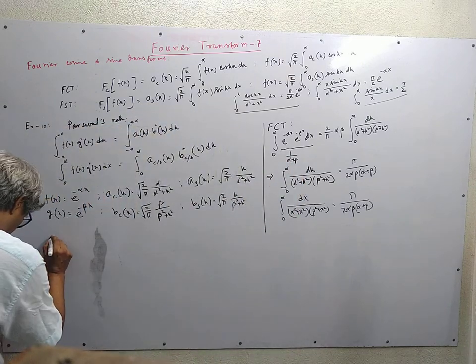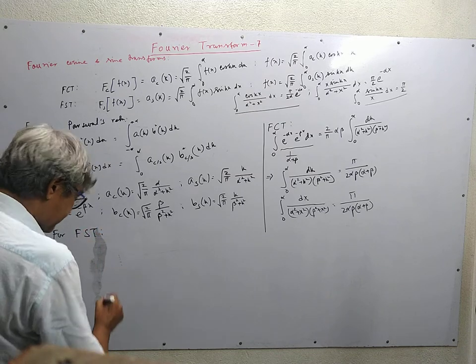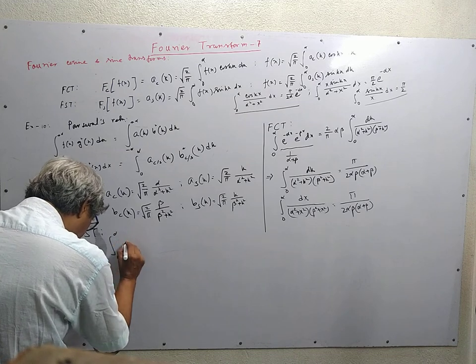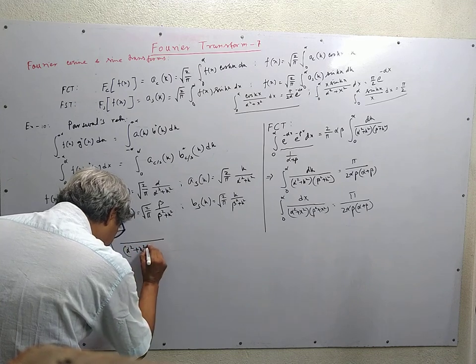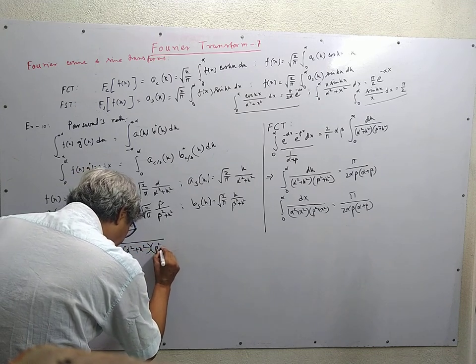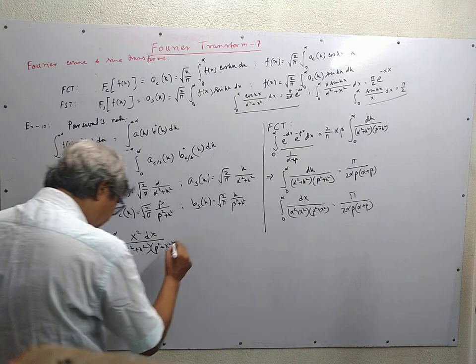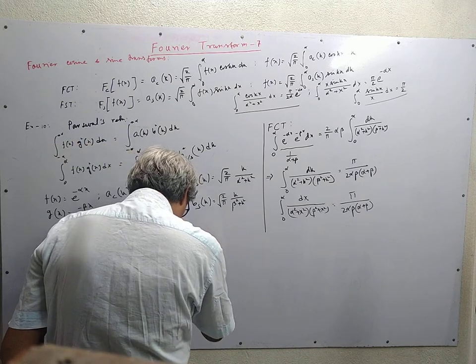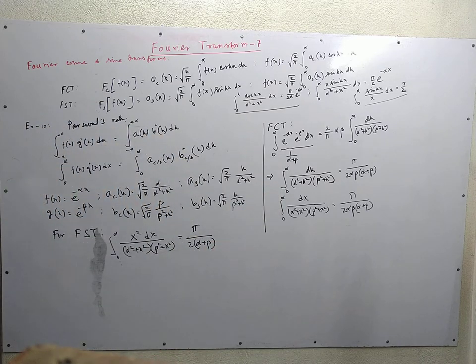So for the Fourier sine transform, the result is the integral from 0 to infinity of x square over alpha square plus x square times beta square plus x square dx, and the right hand side is pi by 2 times alpha plus beta. These are important integrals, and complicated integrals have been evaluated using the Parseval theorem. That's all about Fourier transform.